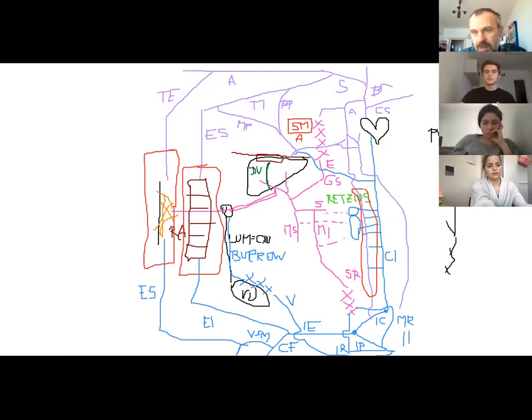So all the veins forming plexuses of the vertebral column, and these drain into lumbar veins. These drain into iliolumbar vein. They drain into lateral sacral vein.